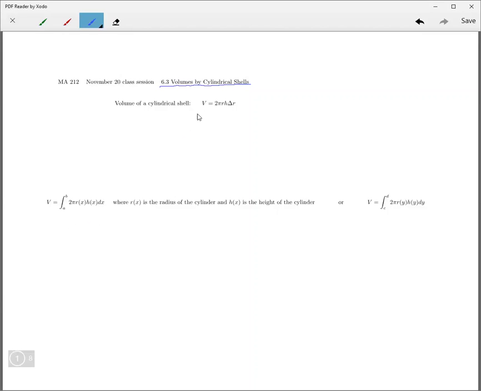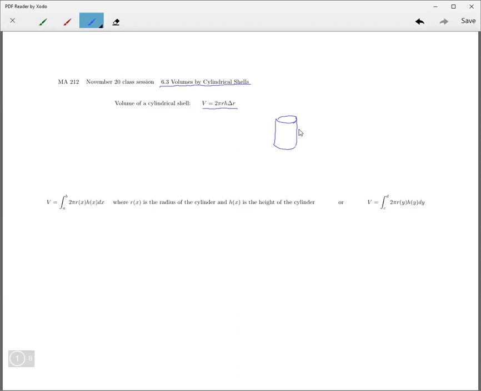So the volume of a cylindrical shell, this is what we're looking at. We're looking at a cylinder like this, and we're just looking at the volume of the outside part, not the top or the bottom.